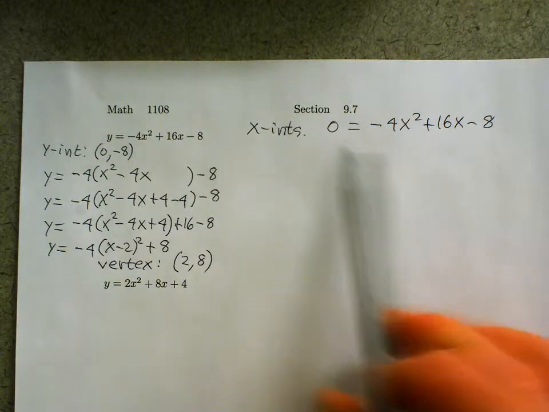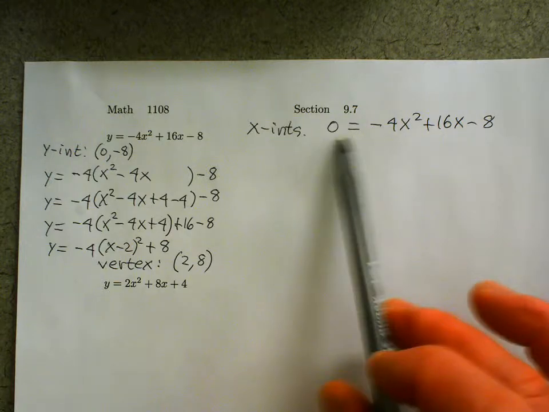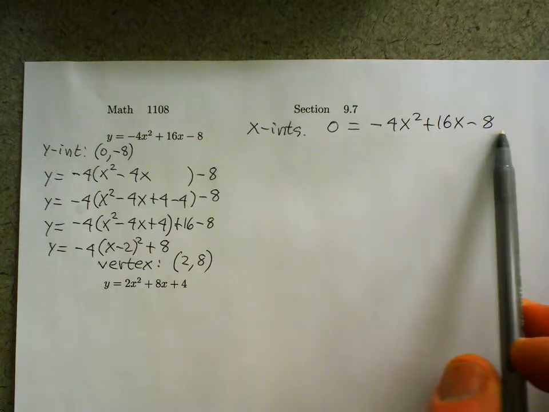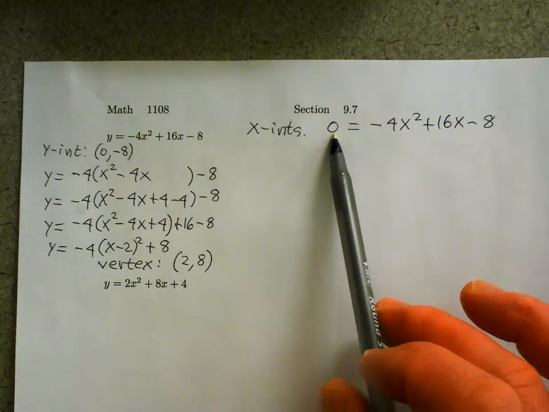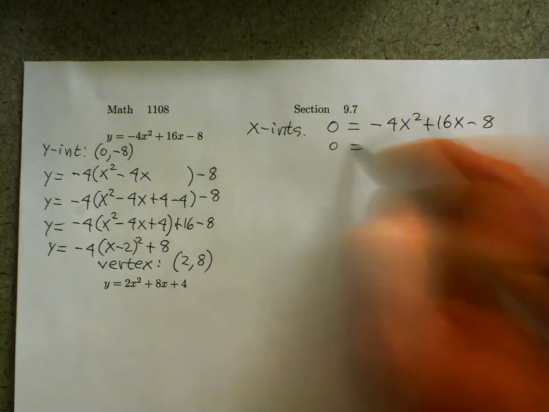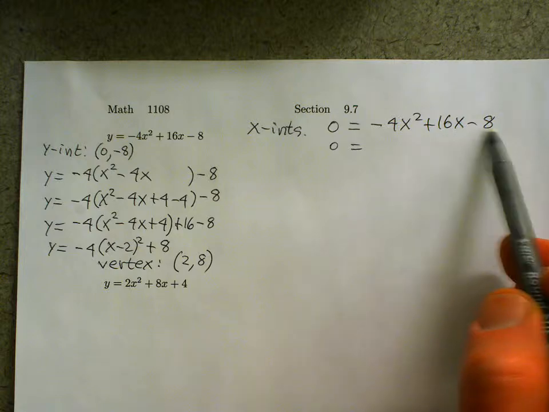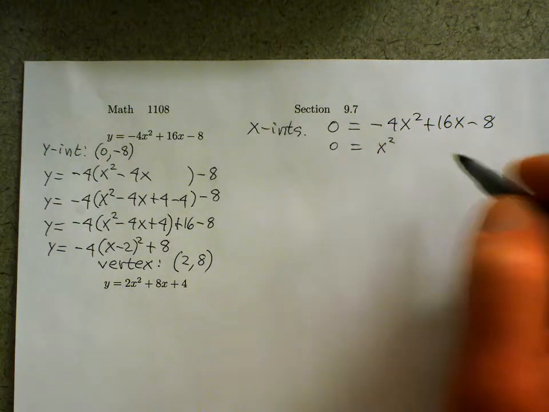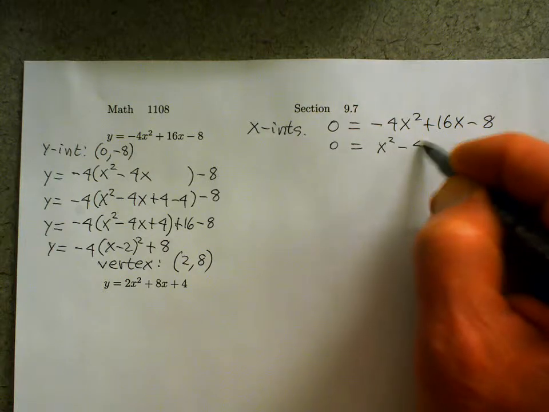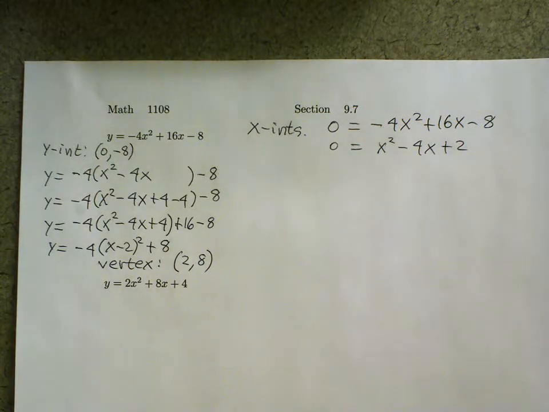With this quadratic equation, we are allowed to divide every term on both sides by negative 4. 0 divided by negative 4 is 0. And then divide every term on the right-hand side by negative 4. We get x squared minus 4x plus 2.